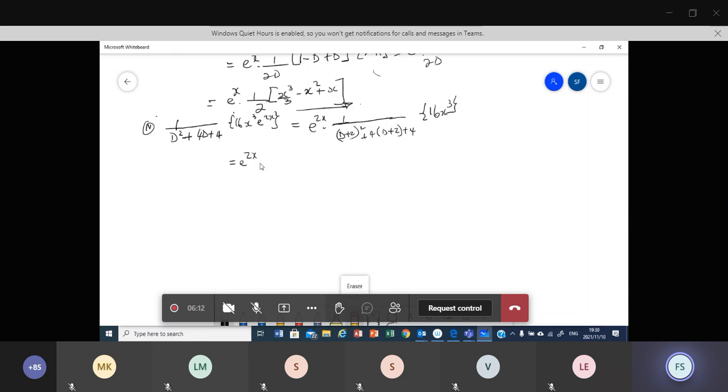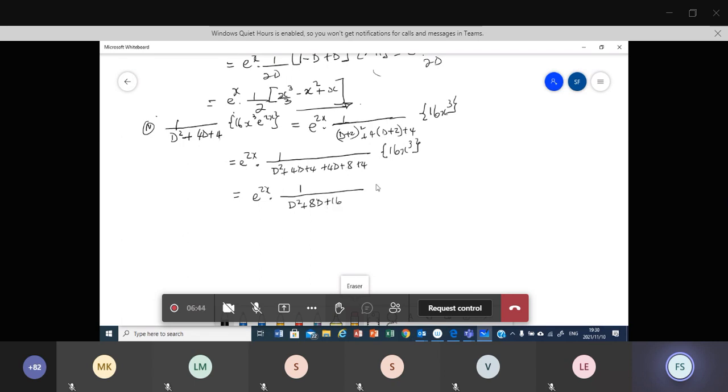It's a to the power 2x times 1 all over that will be d squared plus 4d plus 4 plus 4d plus 8 plus 4 acting on 16x cubed. Are we still together? That gives us a to the power 2x. Yes. 1 all over d squared, 4d, that will be 8d.